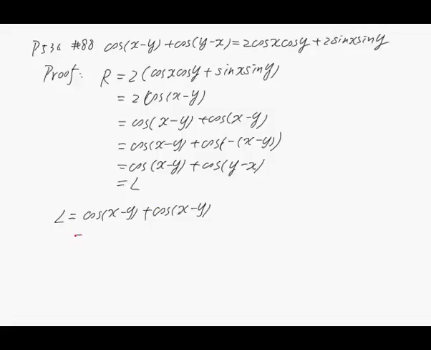So you get 2 times cosine of the x minus y. Now you may use the cosine of a difference identity. Then you get 2 times cosine x cosine y plus sine x sine y, and this is exactly the right side. So you also verify this equation is an identity.